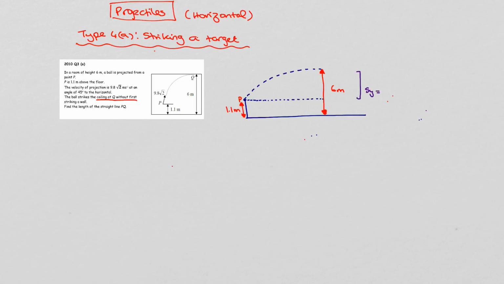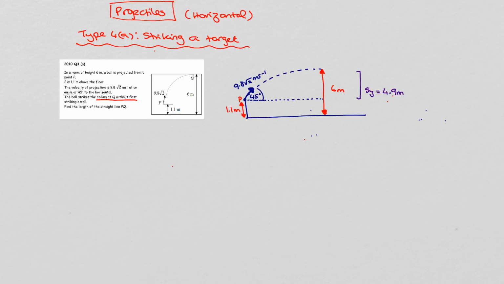So 6 minus 1.1 metres gives us 4.9 metres. And the angle of projection, we're told, is 45 degrees with respect to the horizontal, so that's 45 there. And we're given an initial velocity of 9.8 root 2 metres per second.